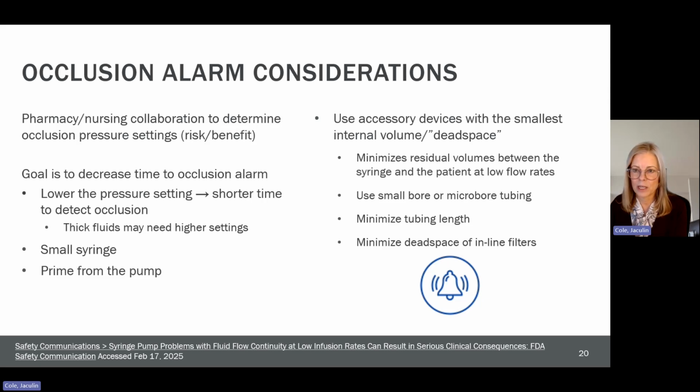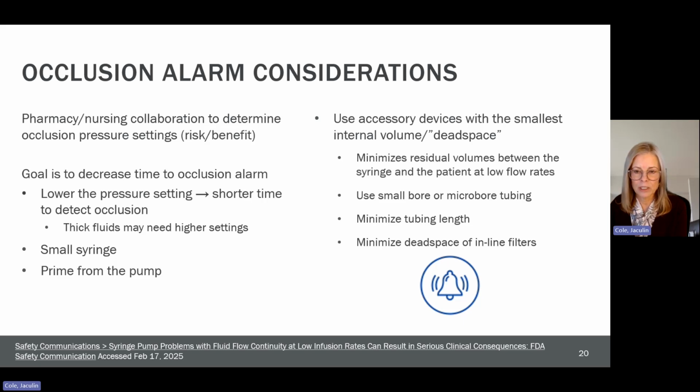The FDA safety communication that I previously mentioned addresses occlusion alarms and states that the goal is to decrease the time to trigger an occlusion alarm. One way to do this is to use low pressure settings. However, you need to balance that with decisions regarding the properties of an infusate. For example, if you're infusing a thick fluid like enteral nutrition or lipids, you might want a higher setting so you're not getting constant alarms.